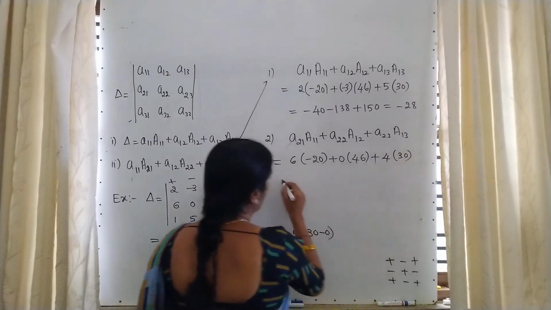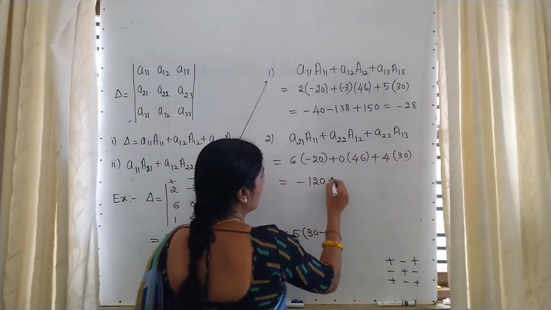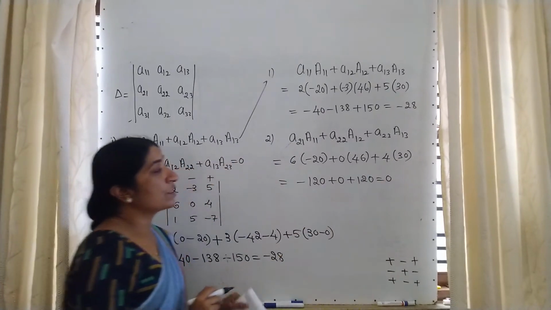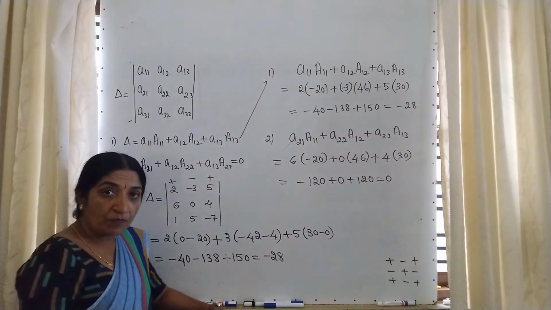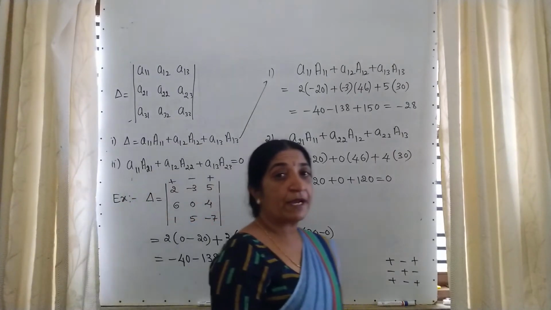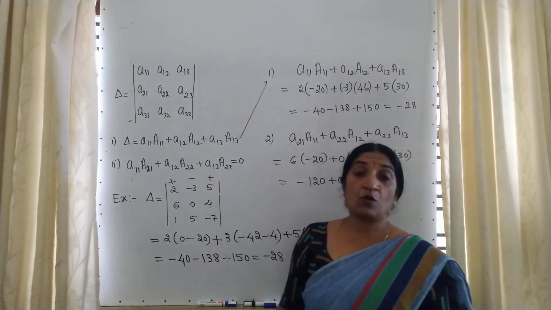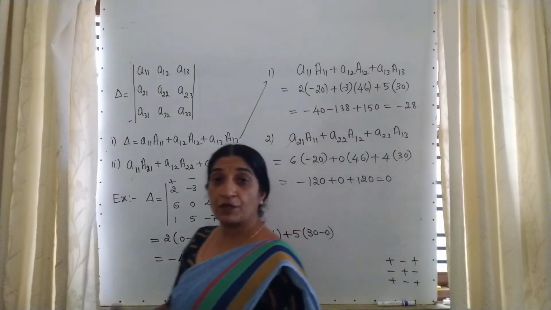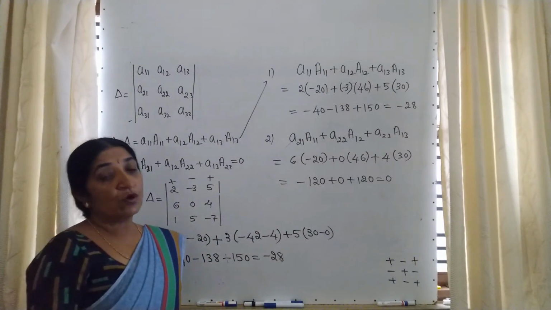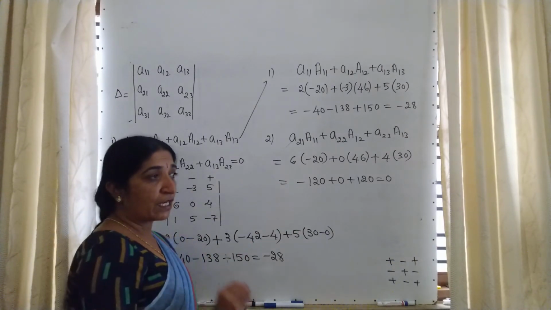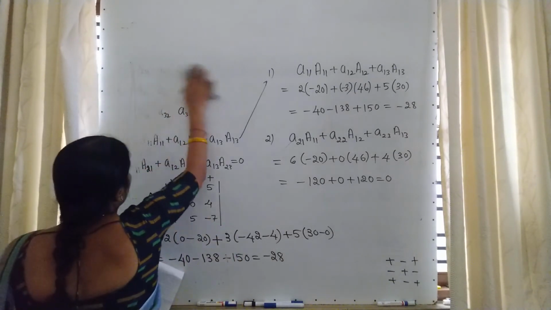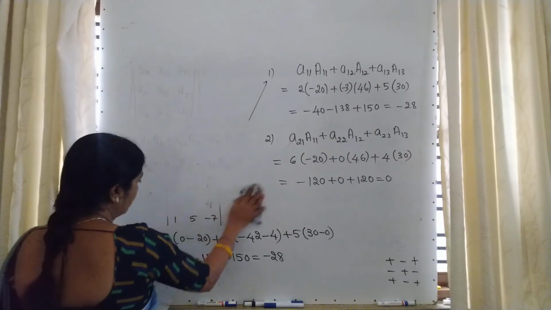So this is minus 120 plus 184 minus... the sum is 0. Is it 0 or what? So this is 0. That means if elements of any row or column are multiplied with the cofactors of a different row or column, and then you add, the answer will be 0. Students, please note down this. These are important CET formulas. So we are using them in theory as well as in CET.